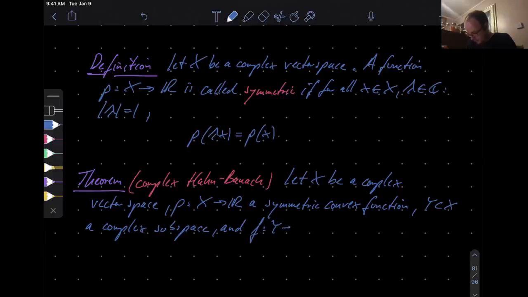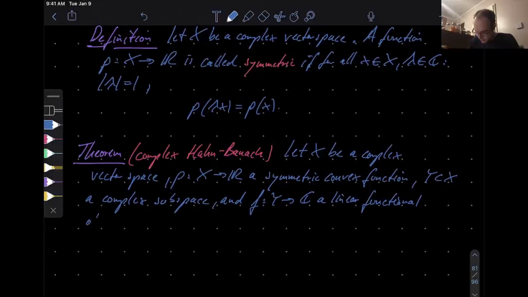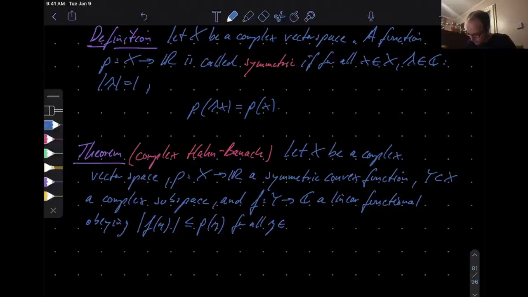and f, a linear functional on Y, obeying, well, f of y, of course I can't compare to a real number because it's in general complex, but the modulus I can, so that's what's now bounded by that convex symmetric function, for all y in Y. Okay, so these are the ingredients: complex vector space, symmetric convex function, complex subspace, and linear functional obeying this inequality there.